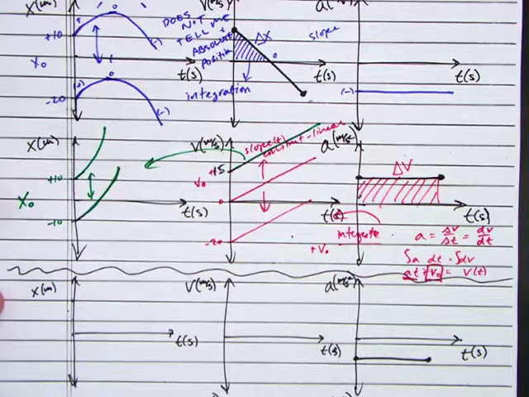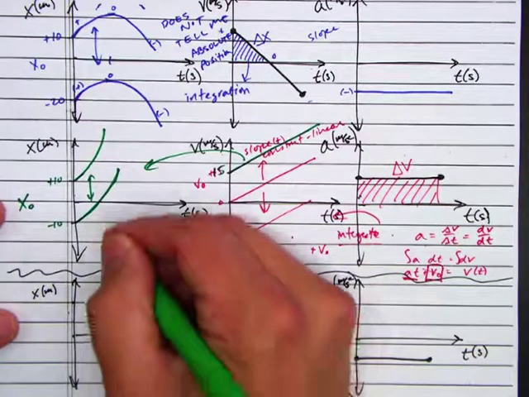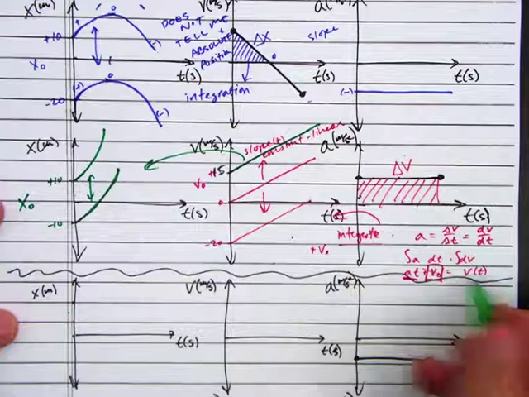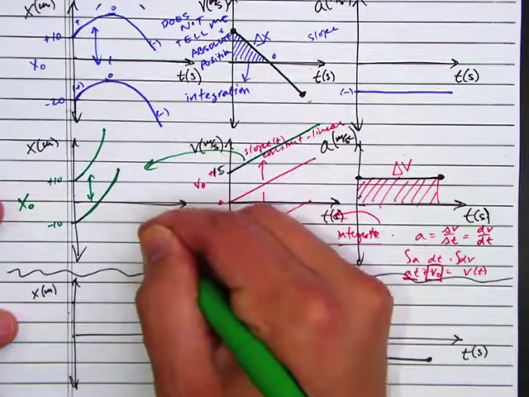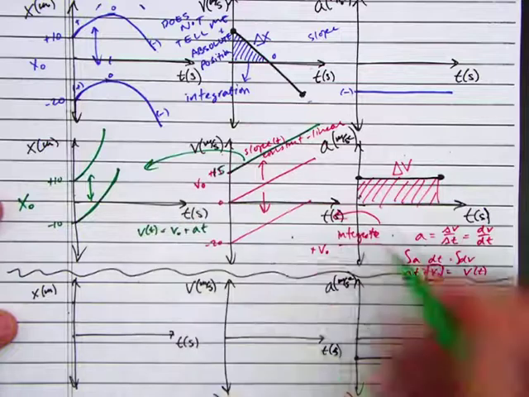my x naught variable. And if you want, I might as well show you that integral too, just in case you're curious. So we know that v as a function of time is v naught plus at.